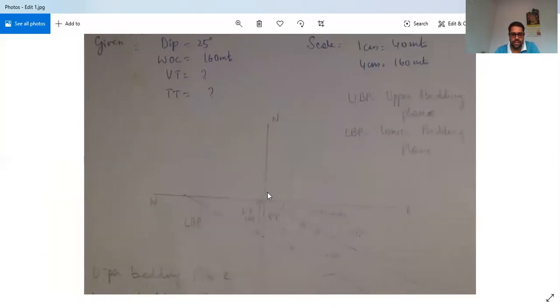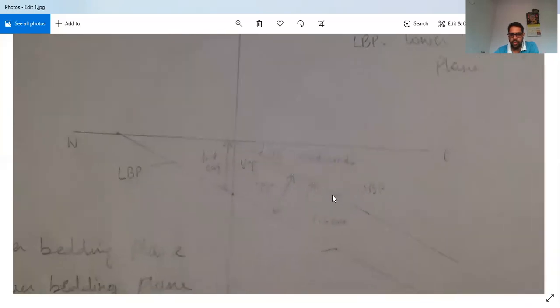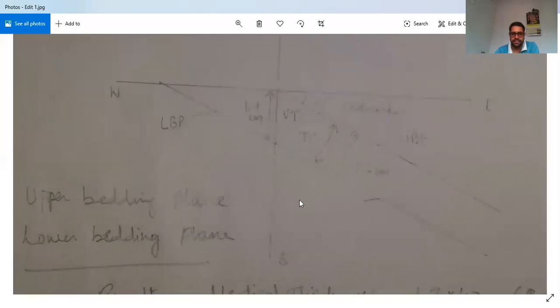Now let us see what vertical thickness and true thickness are. There are usually two planes on a rock: an upper bedding plane and a lower bedding plane. The upper bedding plane is the rock surface which is usually exposed on the ground. The lower bedding plane is the one which is hidden in the interior of the ground.